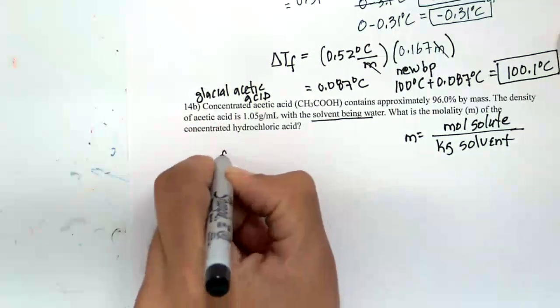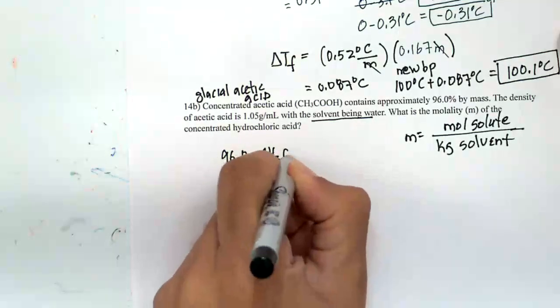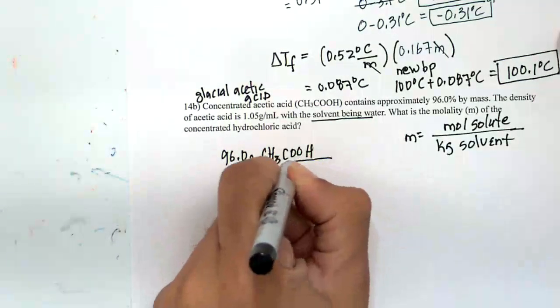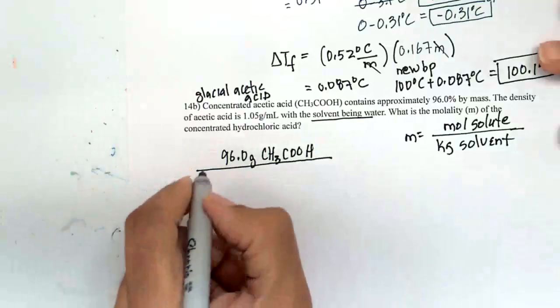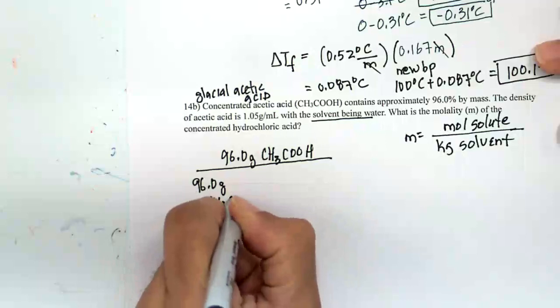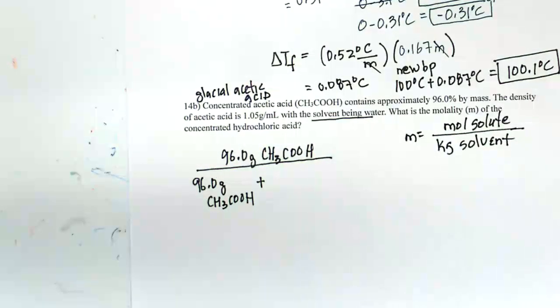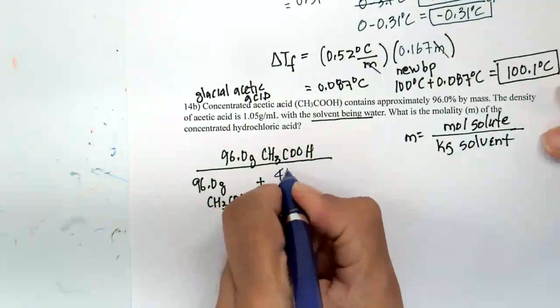So this means 96 grams of acetic acid divided by 96 grams of acetic acid plus how much water? About 4 grams of water.